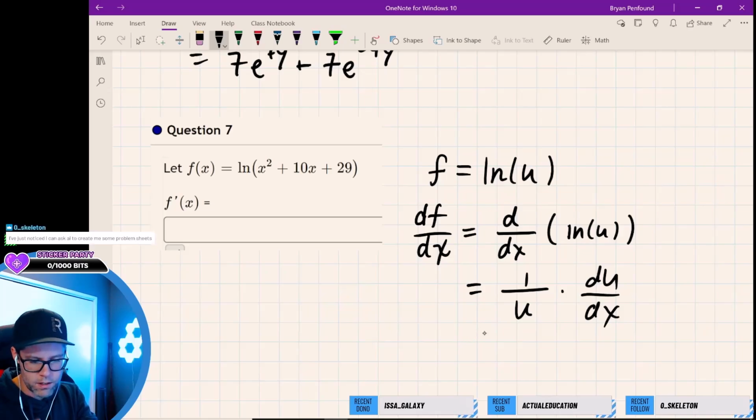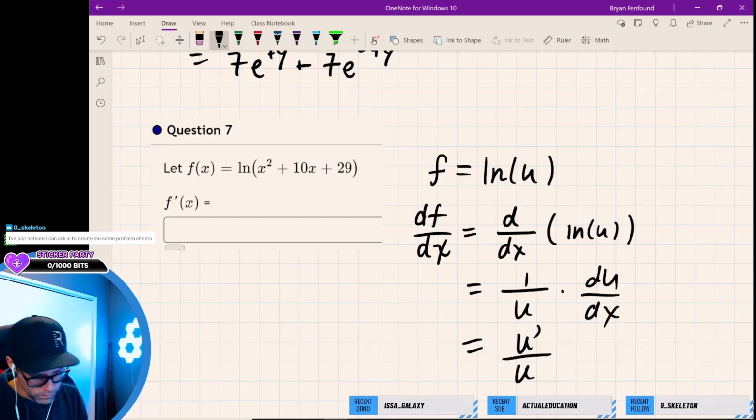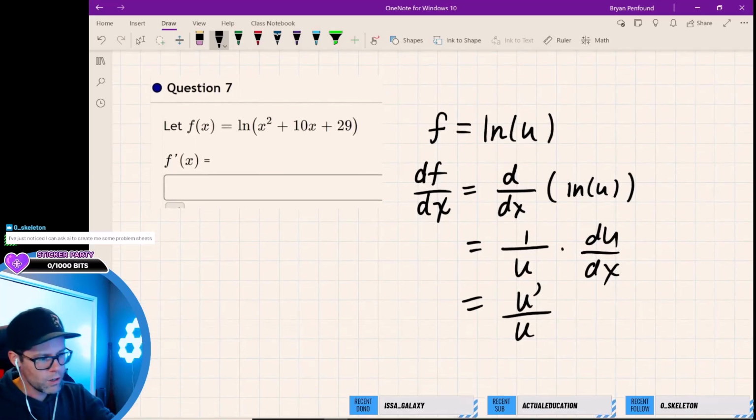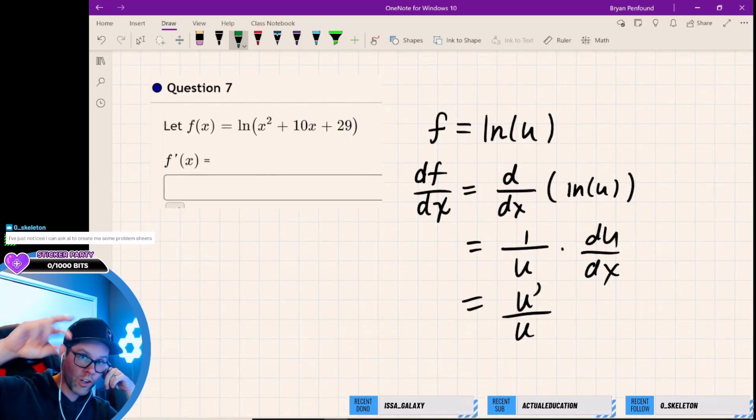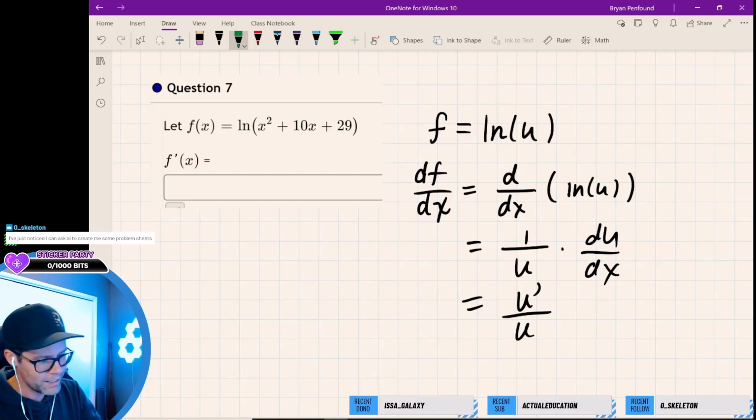If we write this du dx as u prime, then we really get 1 over u times u prime, so it's almost like saying u prime over u. As long as you can identify the function u and take its derivative, you can always find the derivative of a logarithmic function of something more complicated by doing that.